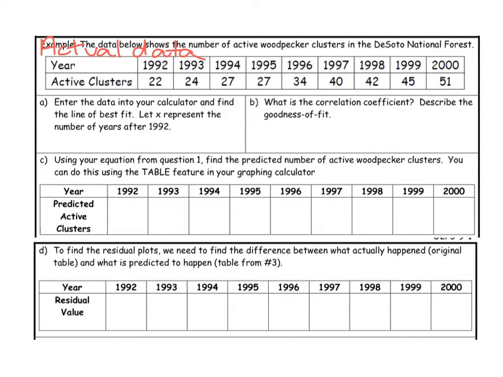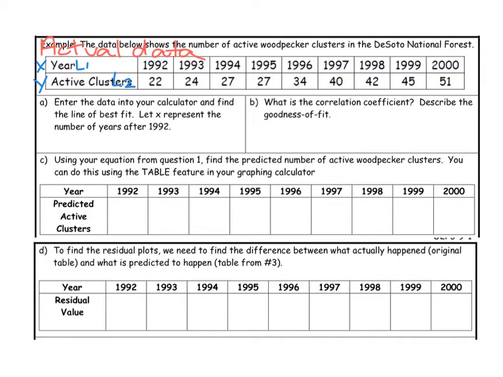We're going to enter the data in the calculator to find the line of best fit, and X represents the number of years after 1992. So if this is X and this is Y, or this is list 1 and this is list 2, X has to be the number of years after 1992.